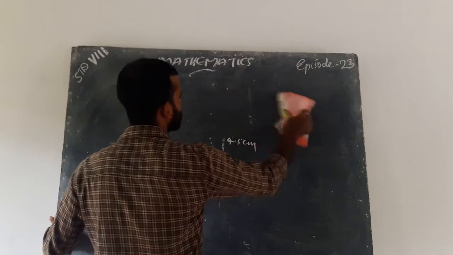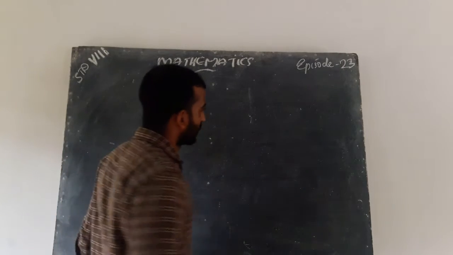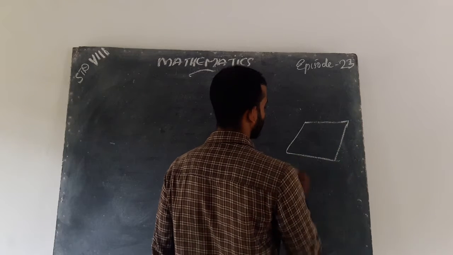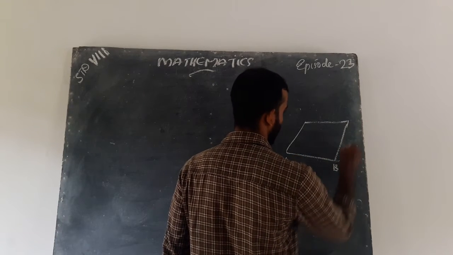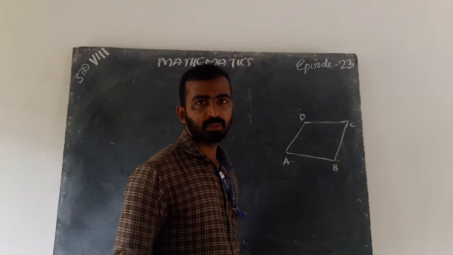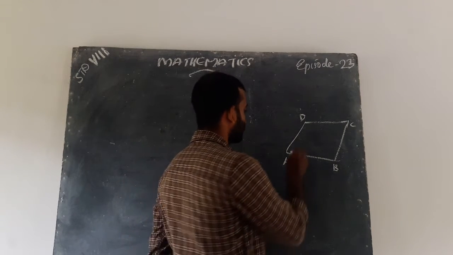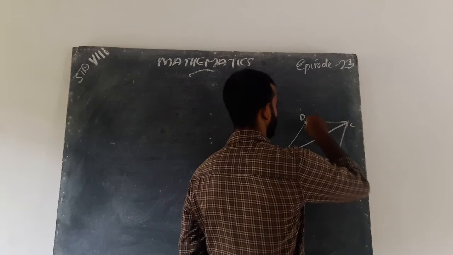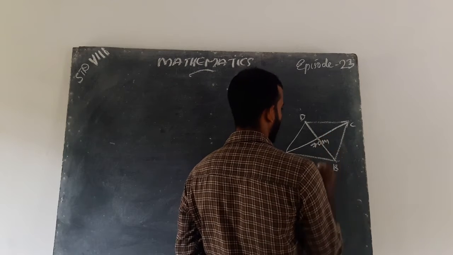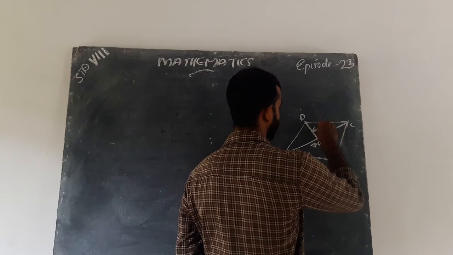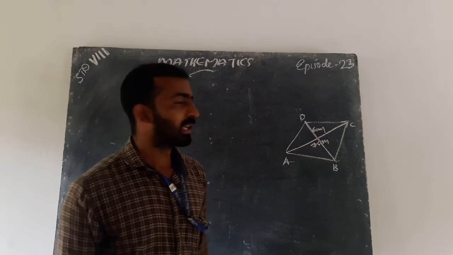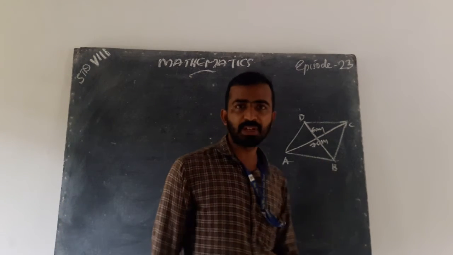In the rhombus, this is our ABCD rhombus, and AC is 7 centimeter and BD is 6 centimeter. This is our rough figure.